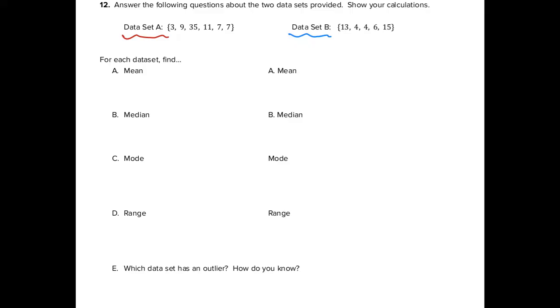Minimum? No. Mean is the average. So if I want the mean test score of the 7th grade class, I'm looking for the average test score. All right. So you find the total by adding all the scores up, and you divide by the number of data or scores or whatever it is that you have.